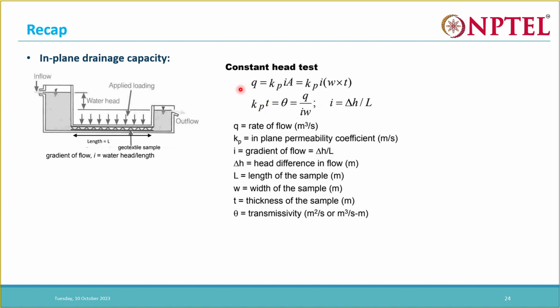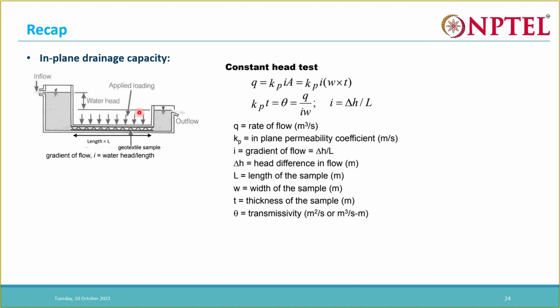There are many ways to calculate transmissivity. One is the constant head test. One more important thing to note is that theta will reduce if the thickness reduces. If the loading is high, say the normal load on the geotextile is high, the thickness is going to reduce, and if the thickness reduces, obviously theta is also going to reduce.